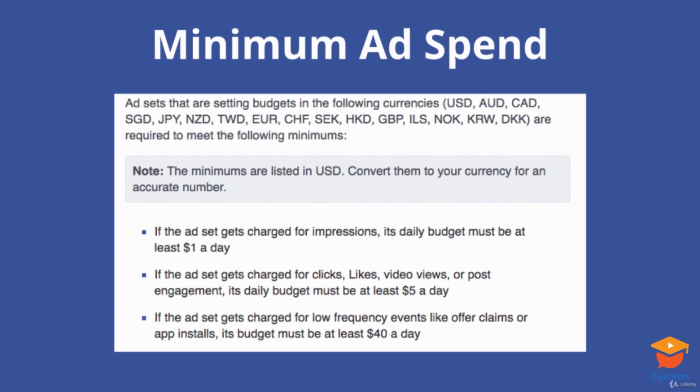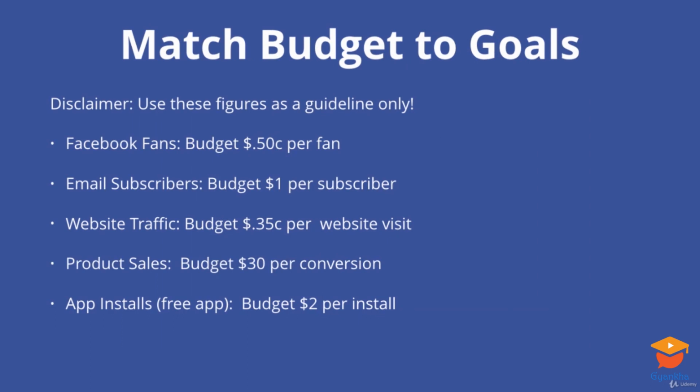Let's have a look at it from another perspective, and probably the better way that you should be looking at, and matching your budget to your goals. So here are a couple of guidelines for maybe what are the type of expenses that you could be getting. Now, big disclaimer, these are just a guideline. I can't guarantee you're going to get these, but I would encourage you to try and work towards these numbers.